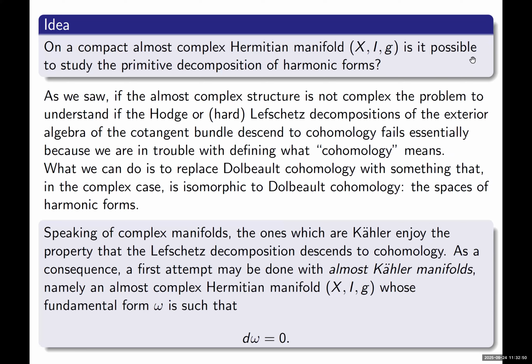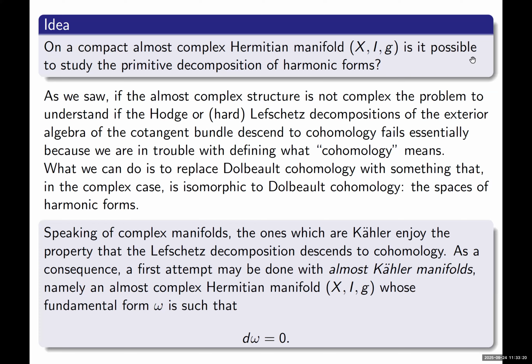Of course, if we are interested in these problems, the first case one is naturally led to consider is the case of almost Kähler manifolds, namely the case where we have a compatibility of g, the metric, and I, the almost complex structure, and the geometry itself of the underlying manifold requires that dω is equal to 0.